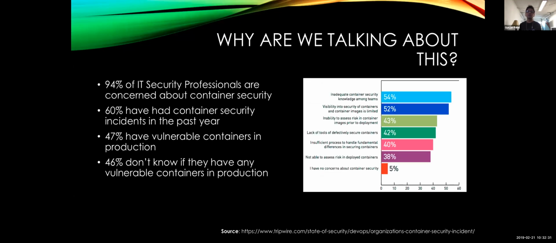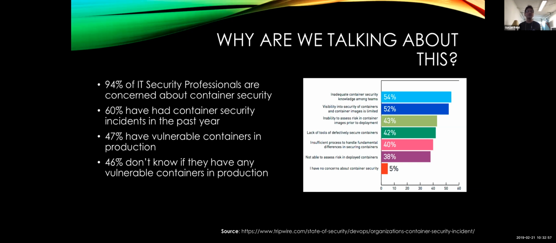So why do we care? Why are we talking about this? There was a recent survey, I think it came out last month, from Tripwire, that surveyed IT professionals who have some containers in production. 94% of them are concerned about security.